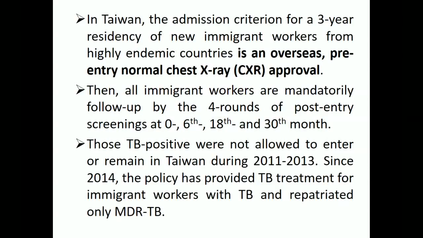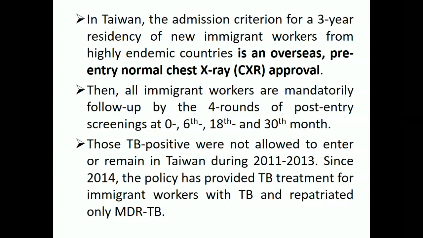In Taiwan, the admission criterion for 3 years of residency of a new immigrant worker from a highly endemic country is an overseas pre-entry normal chest radiograph approval. Then all immigrant workers are mandatorily followed by 4 rounds of screening.